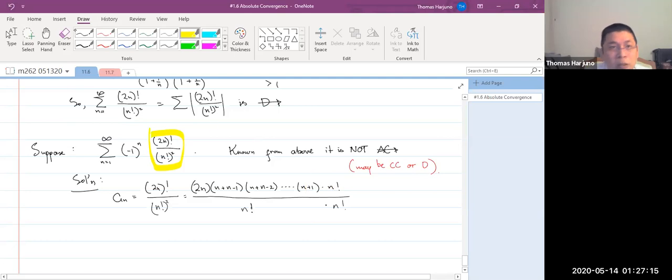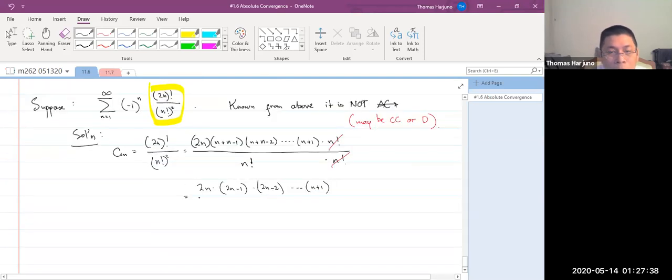Now notice that at the top, I still have n terms: 2n times 2n minus 1 times 2n minus 2, all the way down to n plus 1, all over n times n times n times n.